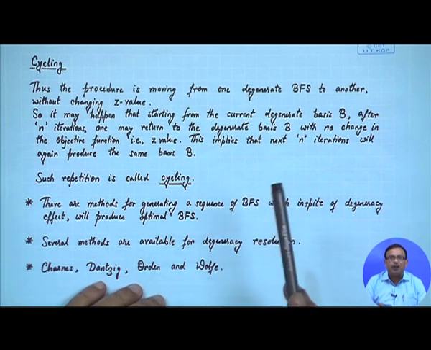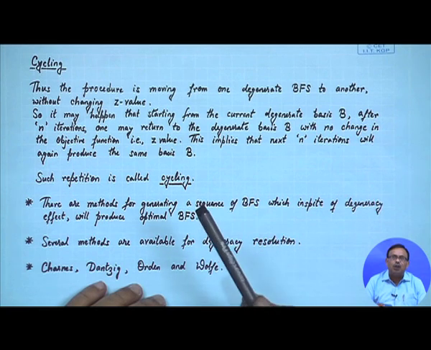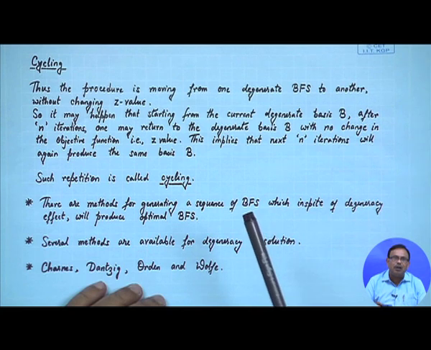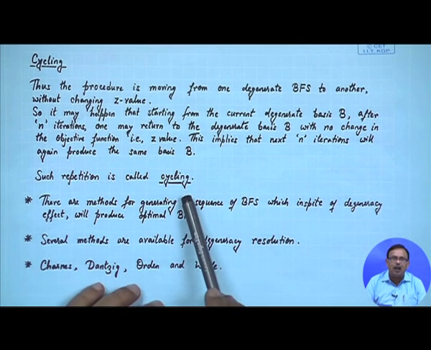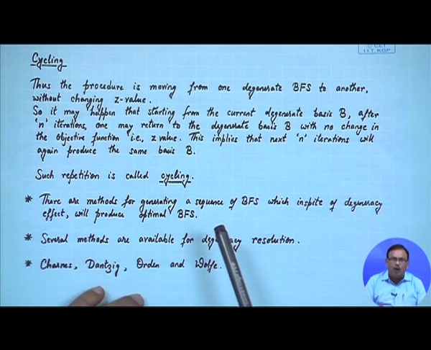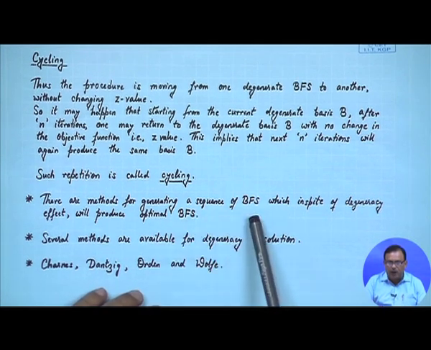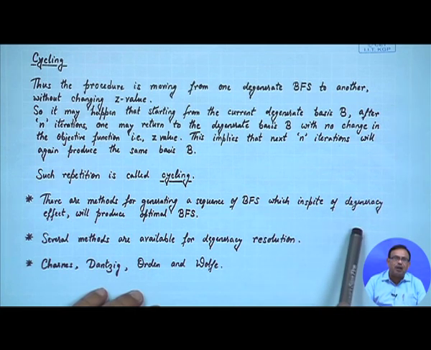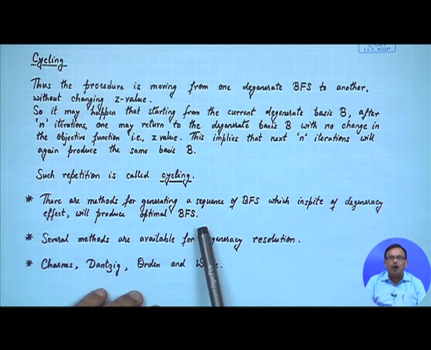So, basically there is no improvement and you are just moving from one place to another, and ultimately you are coming back to the initial point again, and such repetition we call cycling. There are methods for generating a sequence of basic feasible solutions which, in spite of the degeneracy effect, will produce the optimal basic feasible solution.